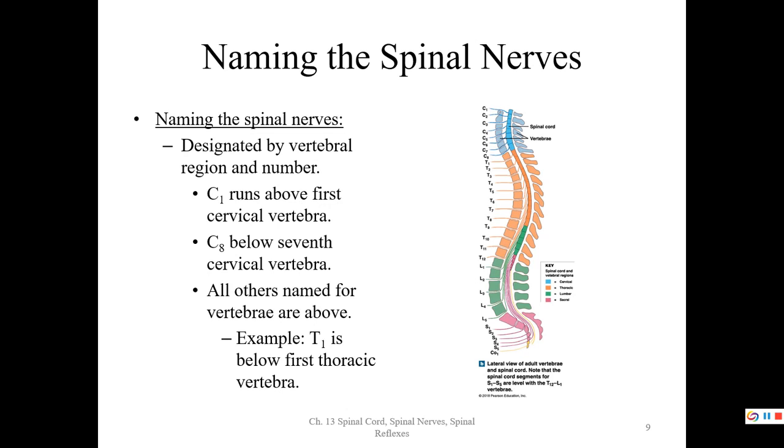Okay, so the C1 nerve is above the C1 vertebra. The C2 nerve is above the C2 vertebra. Everywhere else, they're numbered for the vertebrae they're below.